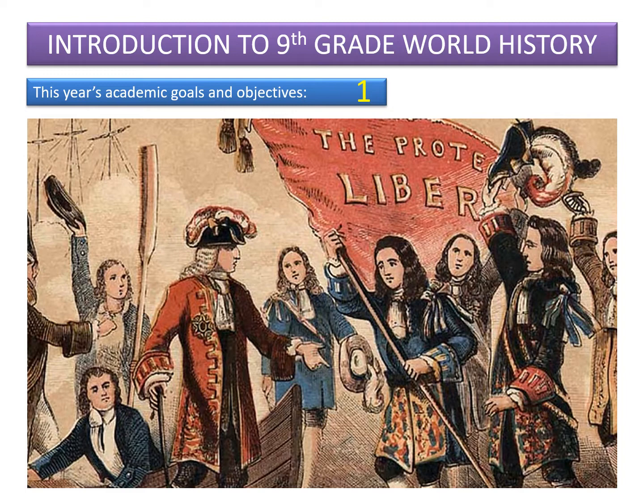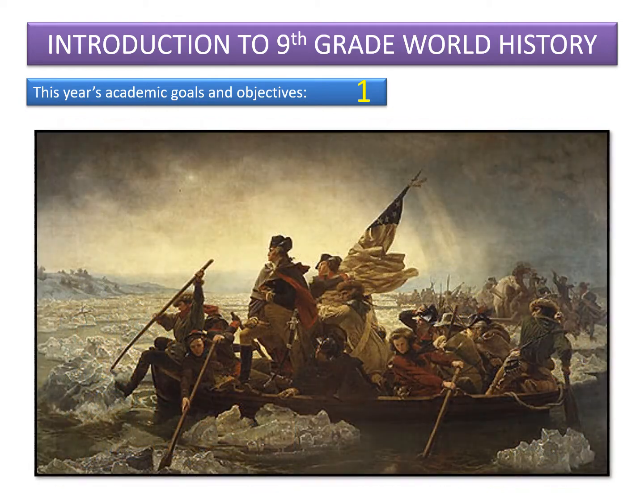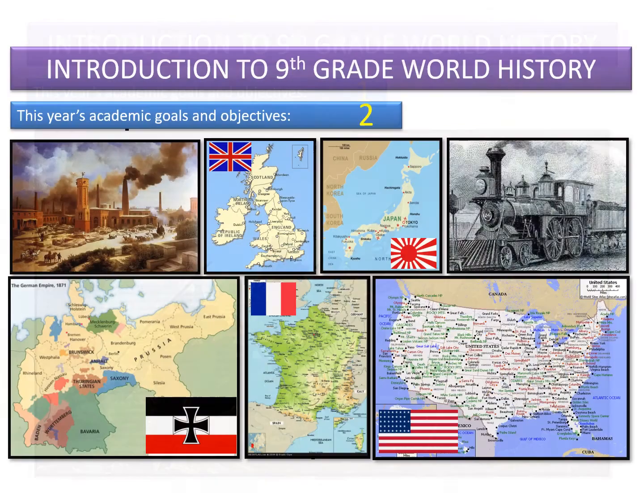You'll be comparing and contrasting the Glorious Revolution of England, the American Revolution, and the French Revolution on their enduring effects worldwide on the political expectations for self-government and individual liberty.